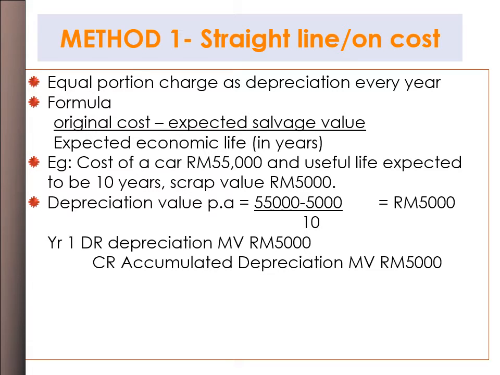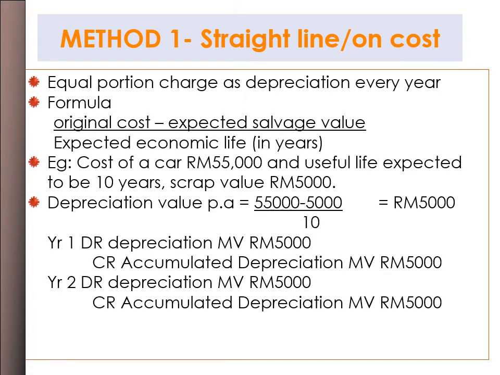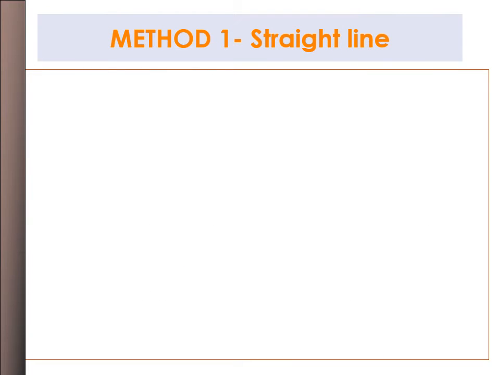If you have, let's say, 6 tangible assets subject to depreciating value, you will have 6 depreciation accounts, one for each tangible non-current asset. In year 2, debit depreciation motor vehicles, and it's the same; you credit the accumulated depreciation on motor vehicle. This is the first method.